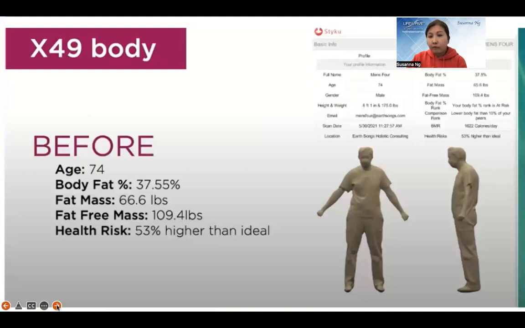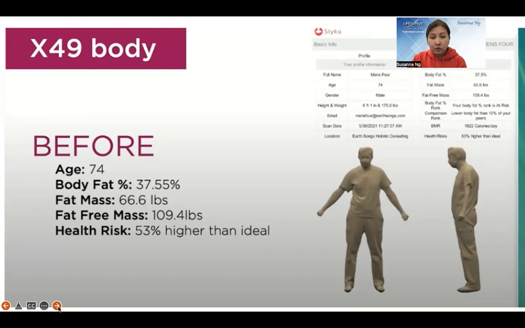So like one, a 74-year-old man, body fat is 33.55%, and the fat mass is 66.6 pounds, and fat-free mass is 109.4 pounds. And his health rate is 55% higher than the ideal.